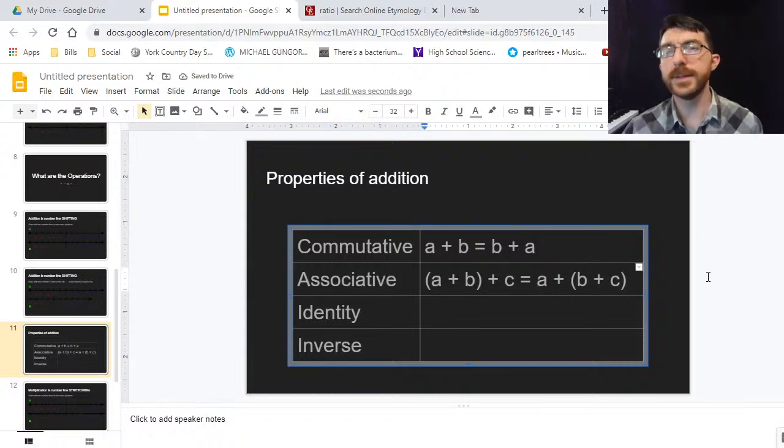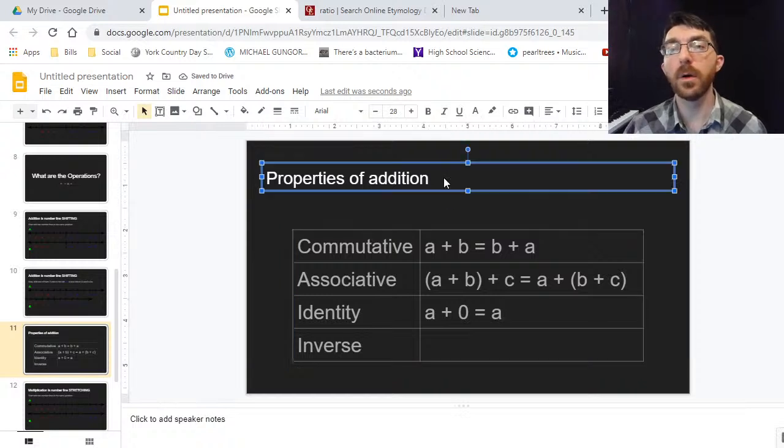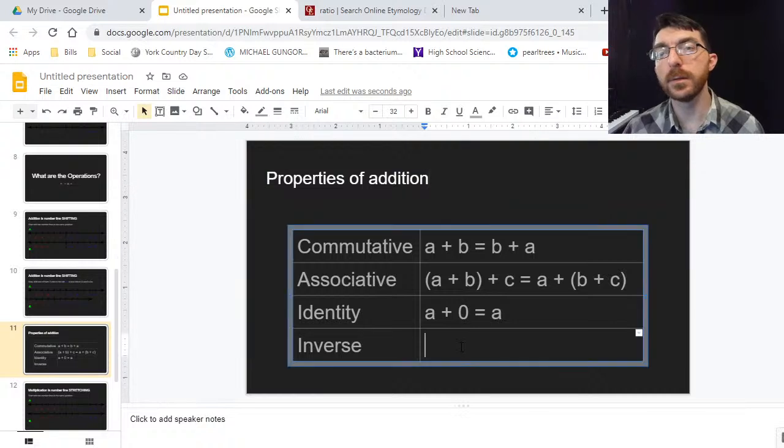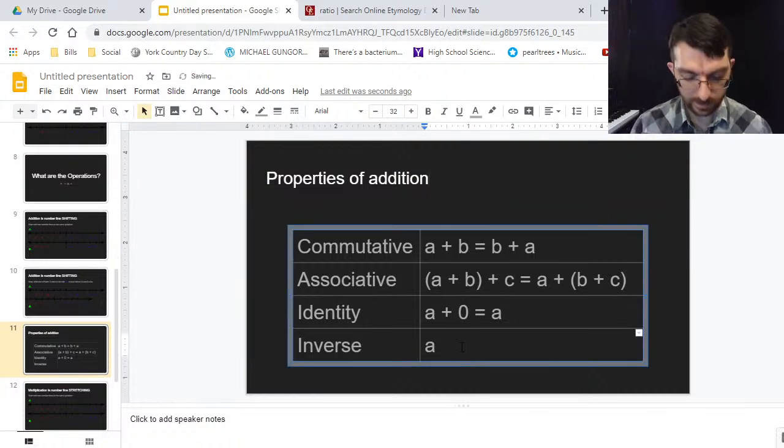There we go. Identity. Okay, so the concept of an identity is that there is some number which has no effect. Identity. So an inverse: A plus negative A equals 0.